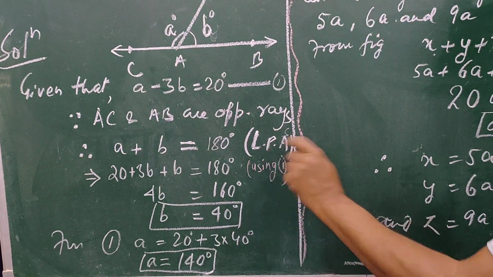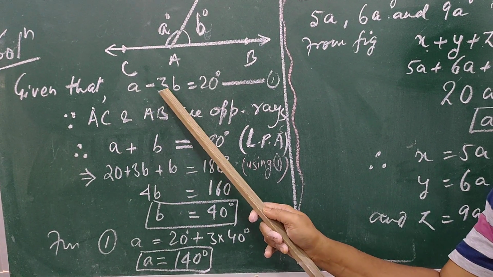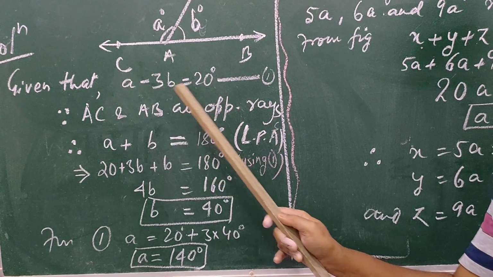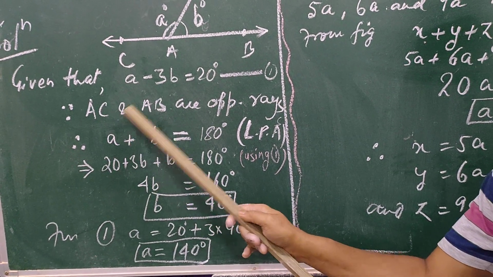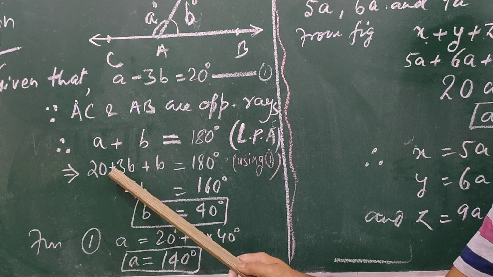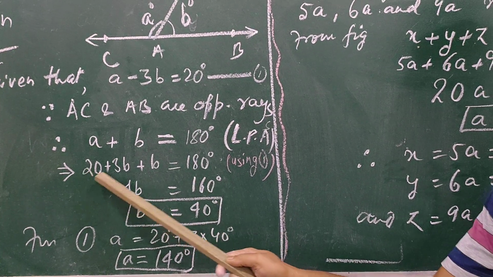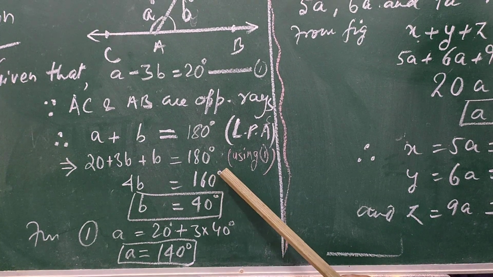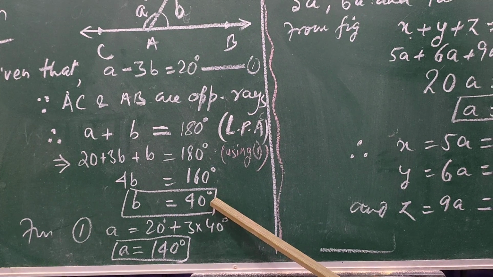From equation 1, if you transpose 3B to this side, you get A equals 20 plus 3B. Substituting, 3B plus 20 plus B equals 180 degrees. After adding, we get 4B, and 20 goes to the other side to get 160 degrees. B equals 40 degrees.